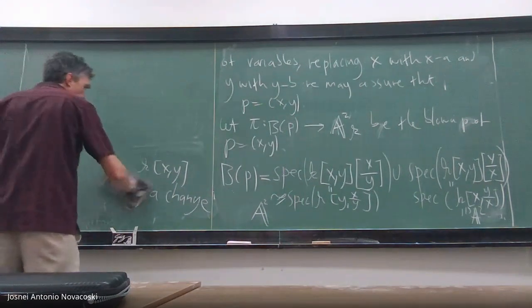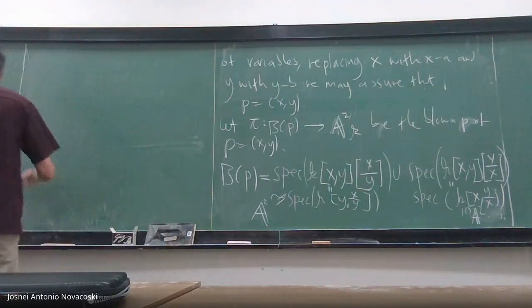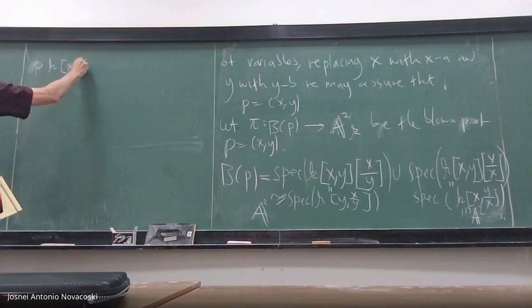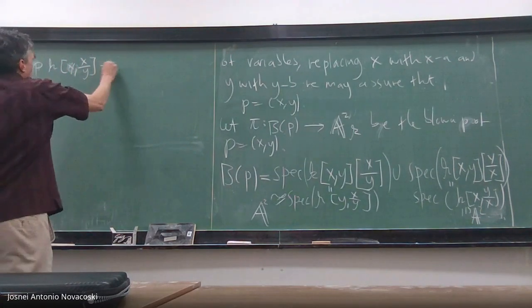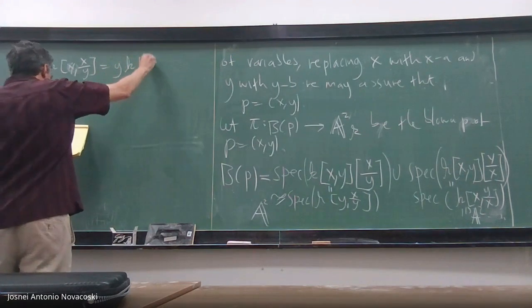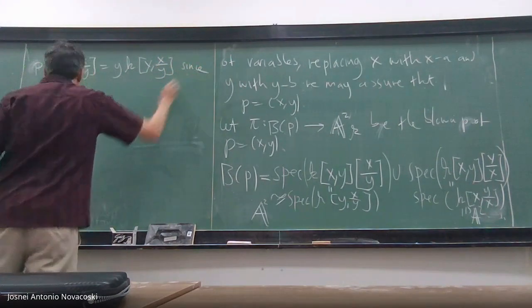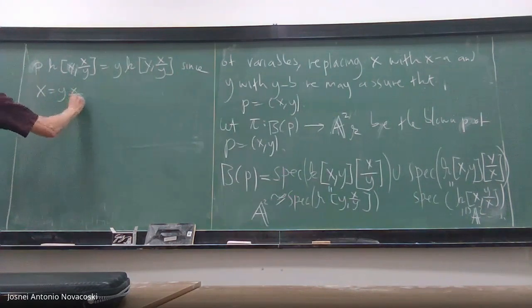So far so good. For instance, this is still regular. And then what happens when we multiply P times K[x,y][x over y]? That's the first one of these. Well, you see, this becomes a principal ideal: it's (y), since x is of course y times x over y.